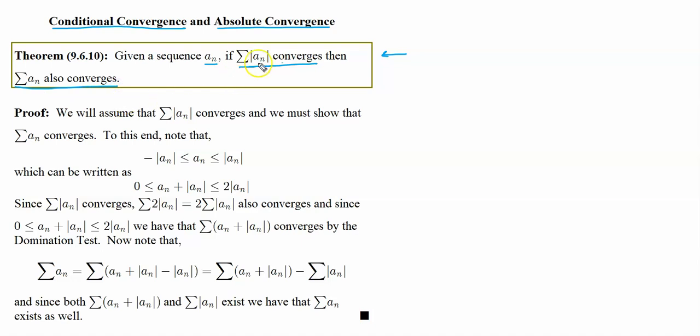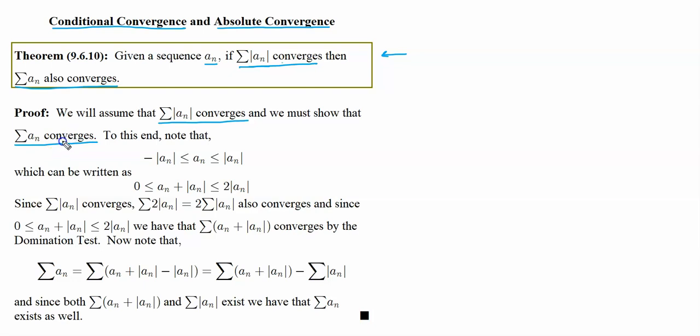The way we do that is we assume that the series of the absolute value of a sub n converges, and then through logic and mathematical results we must show that this holds. So we assume that the series involving the absolute value of the a sub n terms converges. We must argue that this series converges as well.